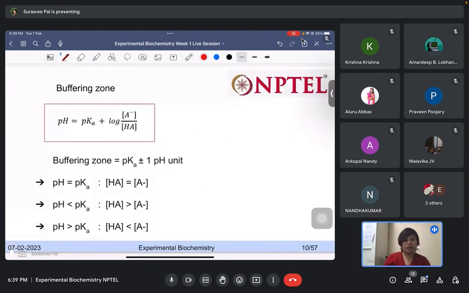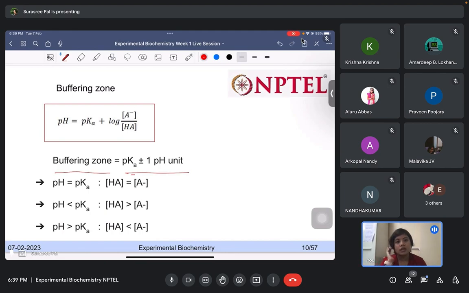Now coming to one crucial component of the buffers, which is the buffering zone. Now what is a buffering zone? The buffering zone is pK plus minus 1 pH unit.